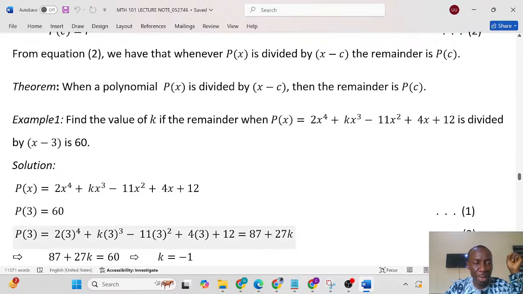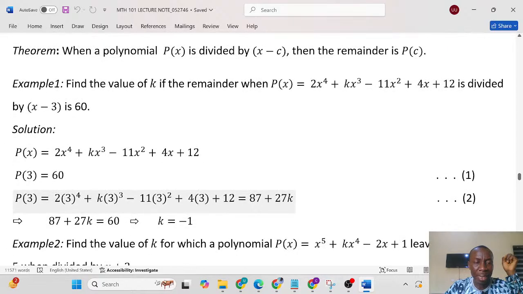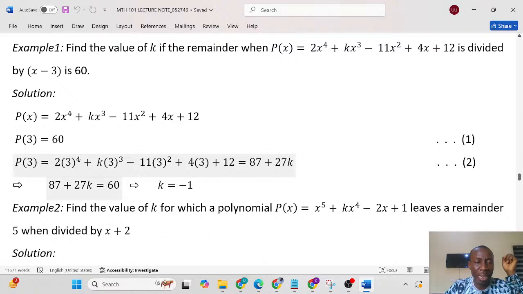So p of 3 is equal to 2, the coefficient of x raised to power 4, x now is 3, raised to power 4 plus k times 3 raised to power 3 minus 11 times 3 raised to power 2 plus 4 times 3 plus 12. If you sum this up, it will give us 87 plus 27k. And we know that the remainder is 16. So that is why we have 87 plus 27k equals 16.